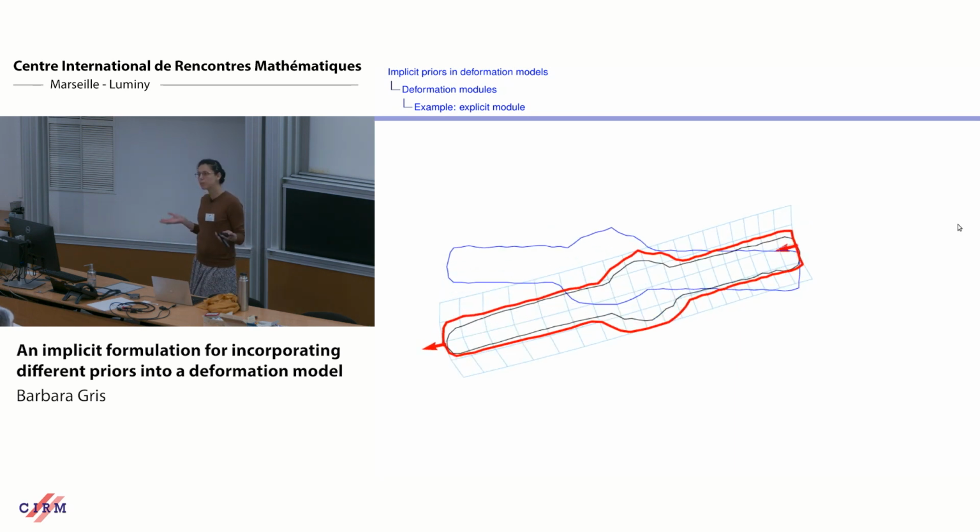Of course, it's not perfect because we really constrained the kind of vector fields we can use, but it's still working a little. However, these deformation modules are what we call explicit deformation modules, in the sense that the expression for the generated vector field, so the field generator, is explicit. Rotation, translation, you can use scaling, you can use all these kinds of things, but it's really easy to build.